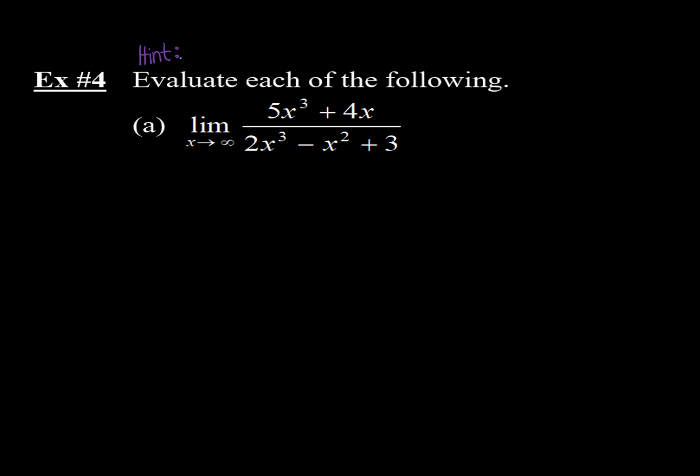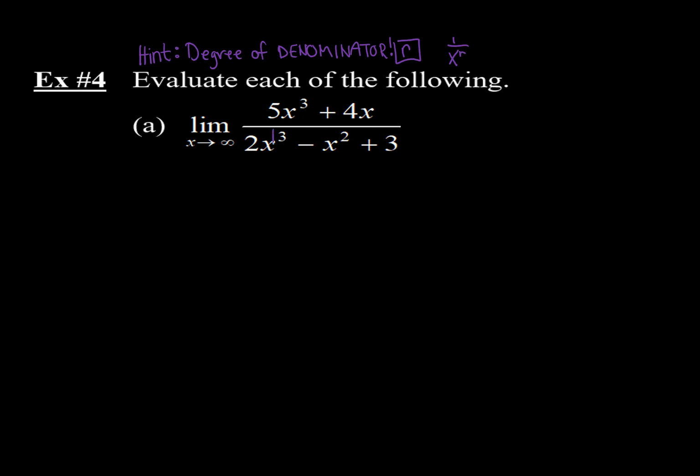Here's a hint. Always take a peek at the degree of your denominator. That degree, that's what you're going to use for r in your 1 over x to the r.